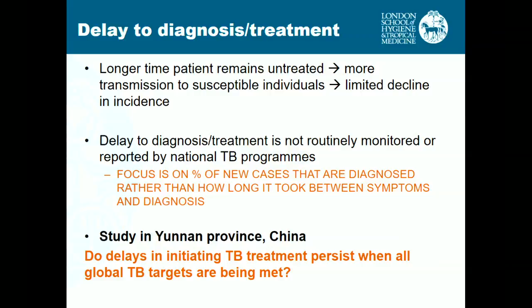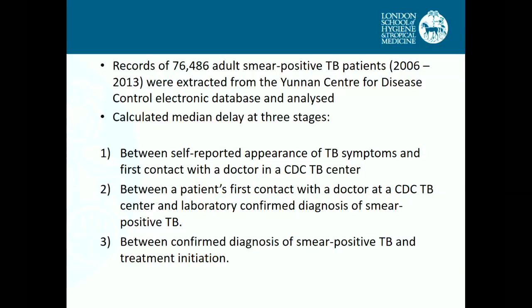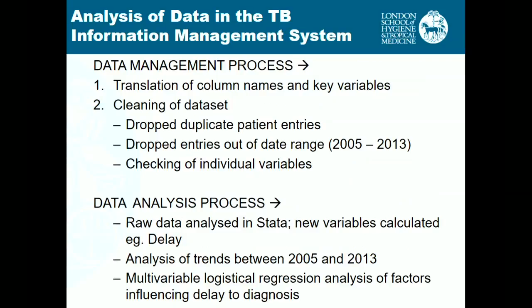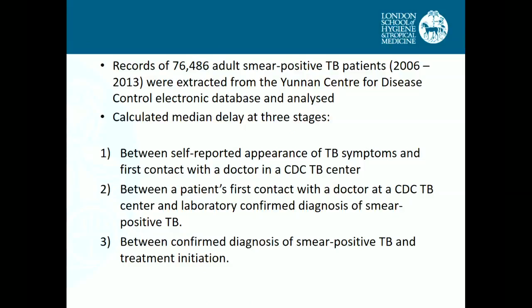This study, because we were using the routine electronic reporting system, is the largest study that we're aware of on delay, which included over 76,000 patients. So it's more than double the meta-analysis that included all studies that have been done so far.